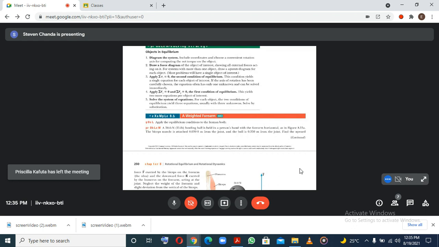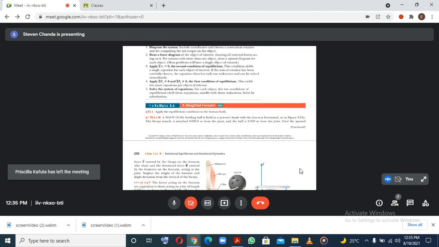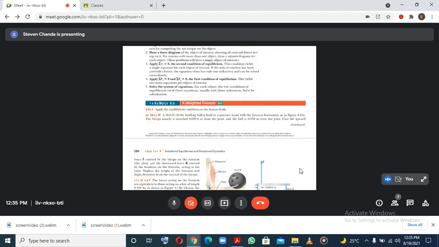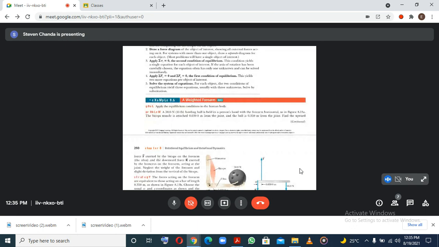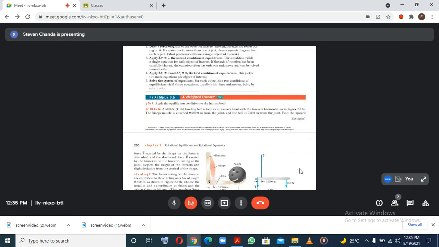What they're basically saying is, look at the biceps, it's actually acting at an angle, right? The biceps muscle is attaching to the humerus, the bone between your shoulder and your elbow. So you see the biceps is acting at an angle, but they are saying neglect that angle.